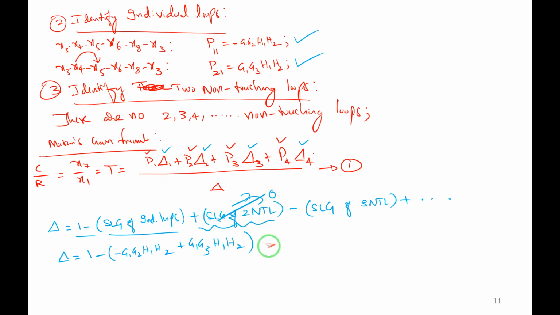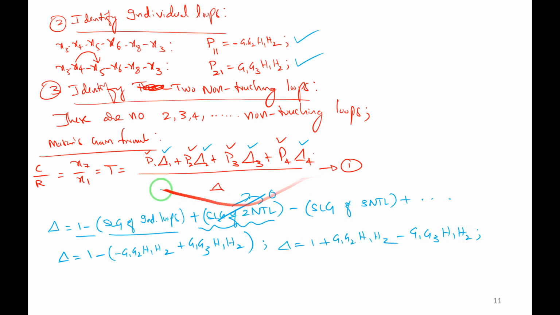No need to add plus 0 and write it. So this is delta. We can rewrite delta by multiplying the minus sign: delta is equal to 1 plus G1, G2, H1, H2, then minus into plus it is minus, G1, G3, H1, H2.